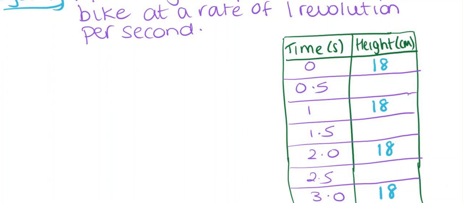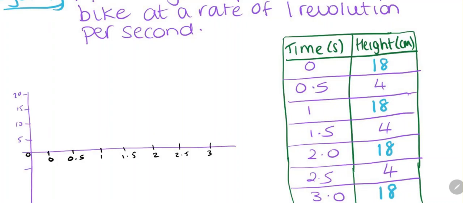Now the other position at 0.5, this is going to be back around halfway. So this is going to go down to 4. So this will be 4 and this will be 4. Because the diagram shows us that the height of the pedal is 18, and when it's gone round halfway it's going to reach 4 centimeters from the ground. So now we need to look to draw this.